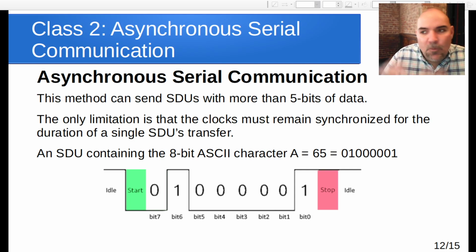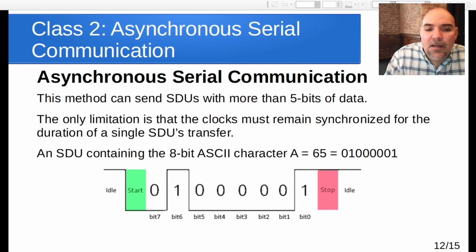But as long as both ends agree on their way of encoding and decoding it, then the same message would work because each bit is just given its own time slice. So realistically, we'd probably have 1 and then 0, 0, 0, 0, 0, 0, 0, 0, 1, 0. But in our case, just to make it clearer that that's what's being sent, there it is. So we're going this way, that way, rather than that way, that way.